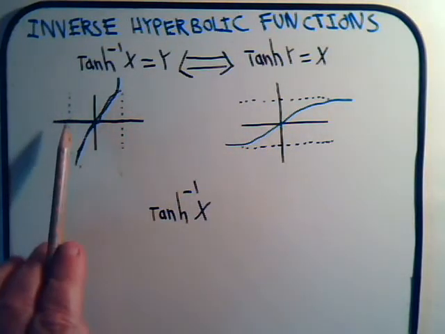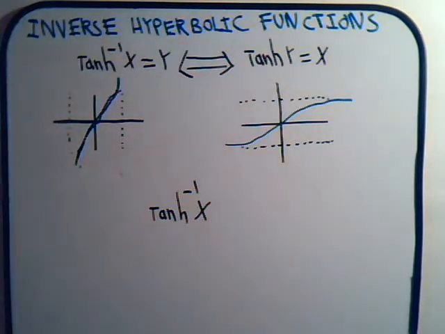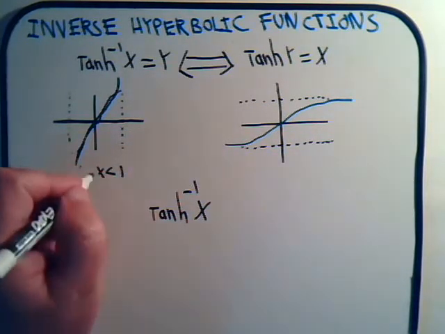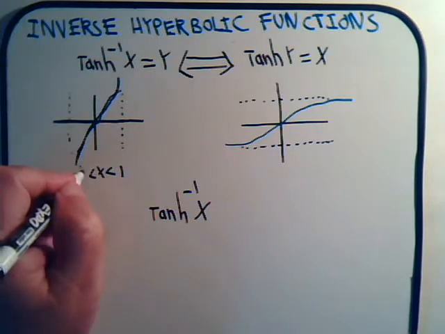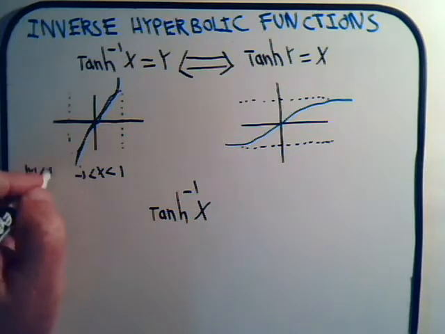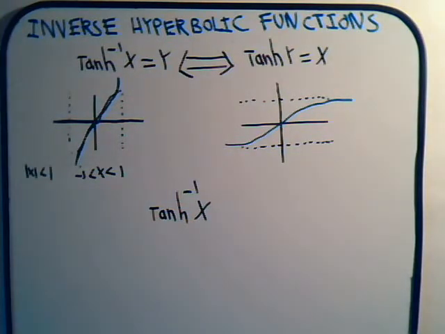This is the inverse hyperbolic tangent function. And for the range here, x is less than 1 and greater than -1. Or we can sum these together by saying that the absolute value of x is less than 1.